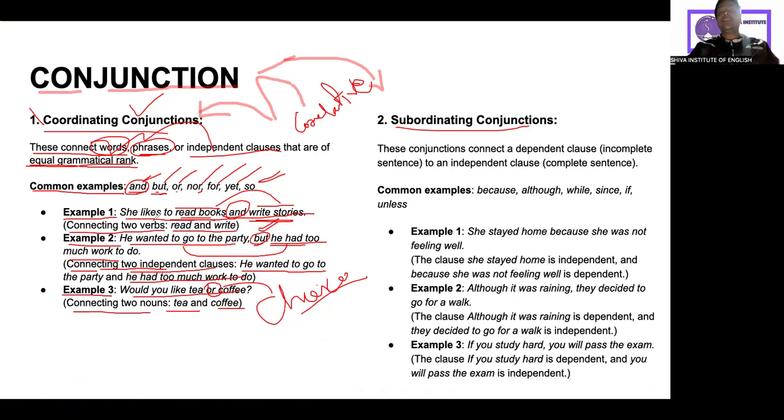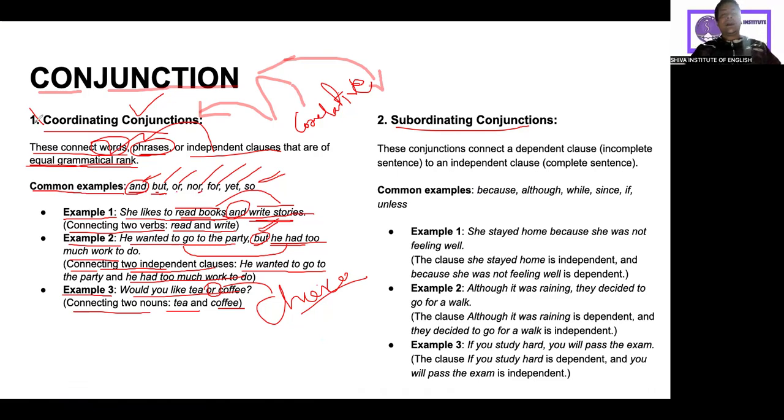Which are even conclusions, like hence, thus, therefore, ultimately, consequently, finally. So these are nothing but called relative conjunctions, isn't it?